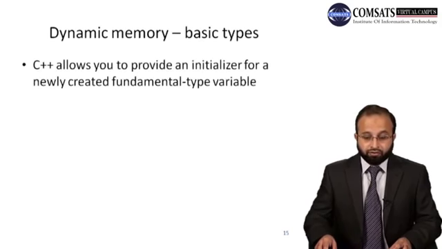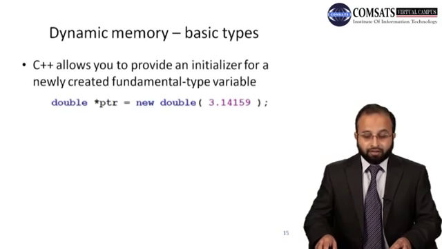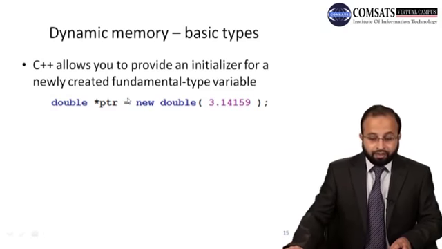So C++ allows you to provide an initializer for a newly created fundamental type variable. For example, we can allocate memory for a floating point value, and then we have a pointer that points to that memory location. Now this is the type of the pointer.